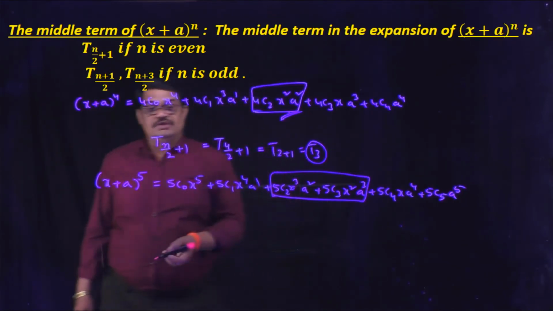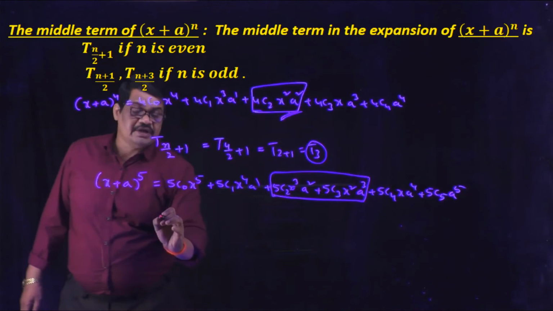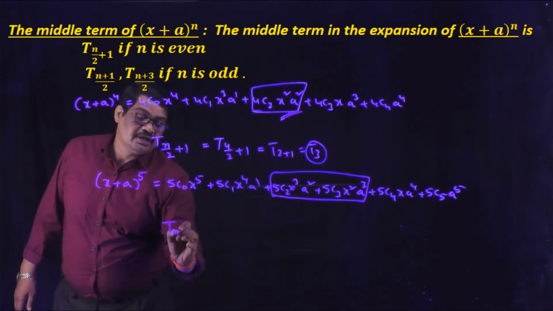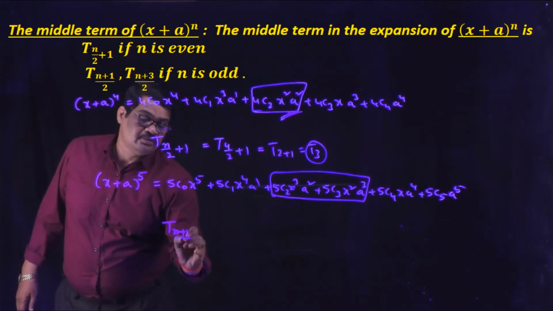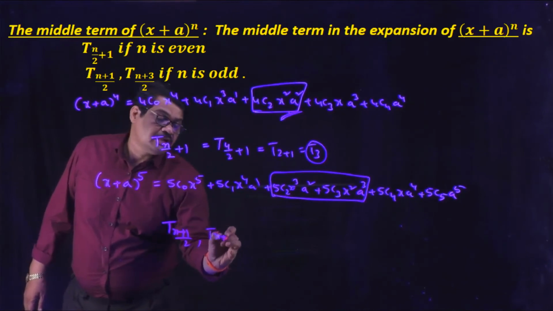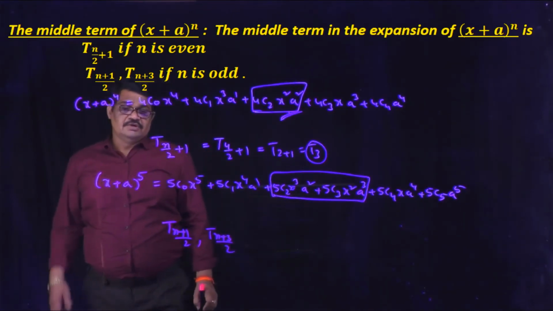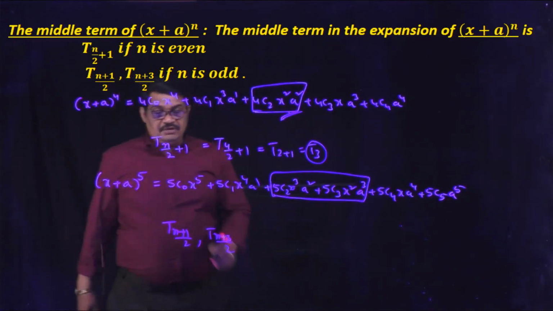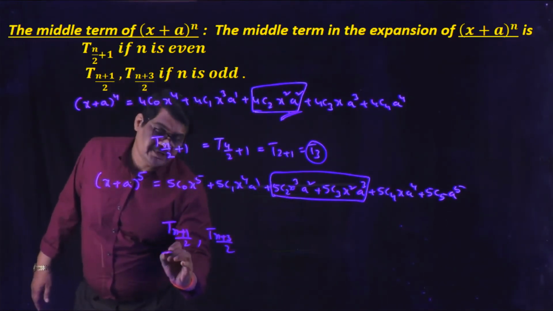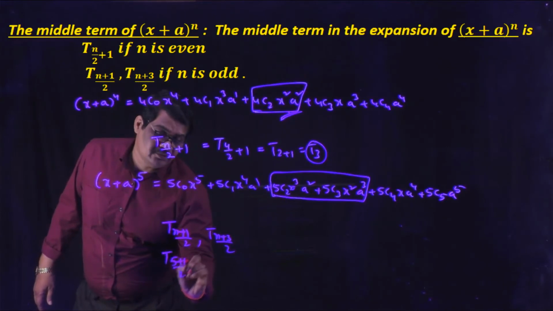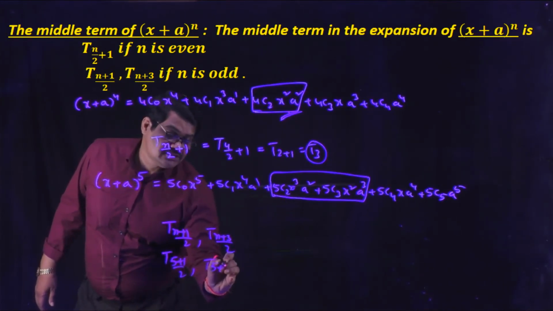So we are using the formula. What is the formula? If n is odd, then we take T((n plus 1) by 2) and T((n plus 3) by 2). These two are the middle terms if n is odd. Here n is 5, that is T((5 plus 1) by 2) and T((5 plus 3) by 2).